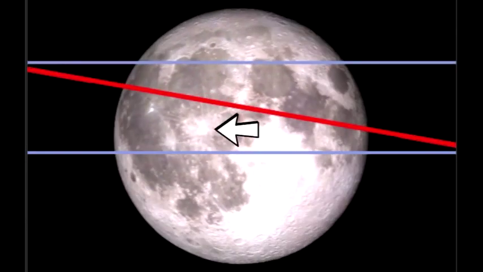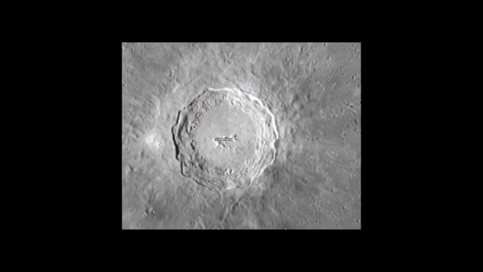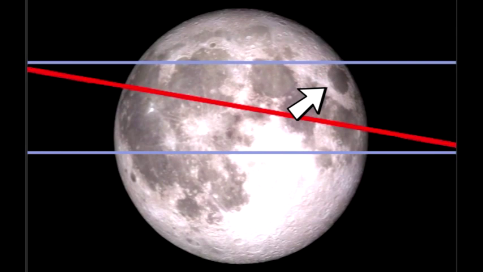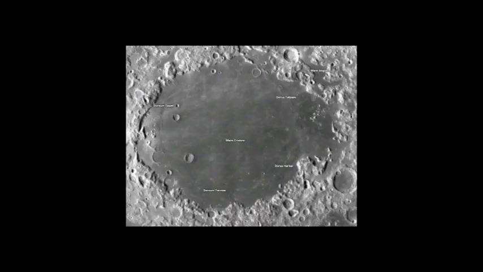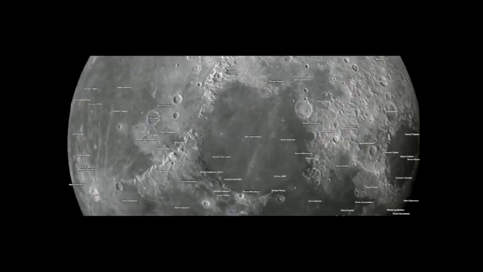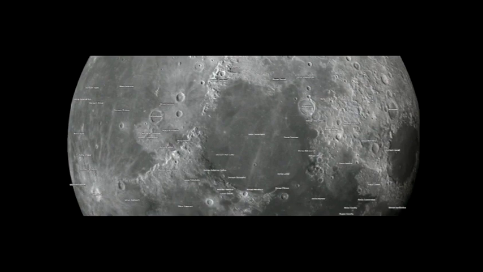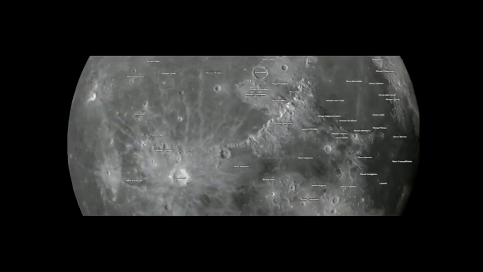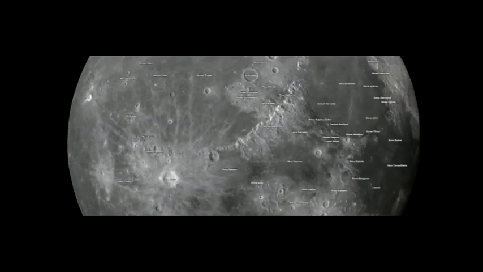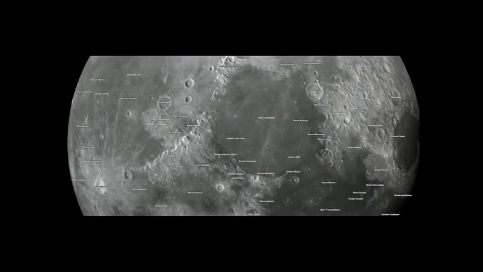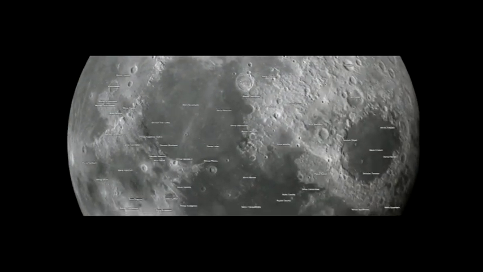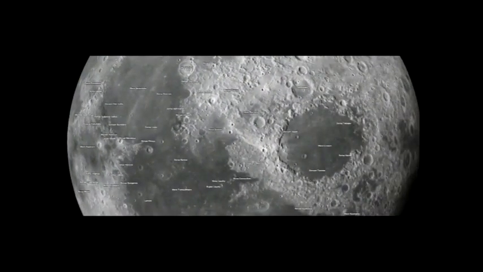So on the left you see the white spot. That is crater Copernicus. On the right side you see a black spot. That is called Mare Crisium. So let's take Google Maps and zoom in. On the left you see crater Copernicus, and on the right Mare Crisium.